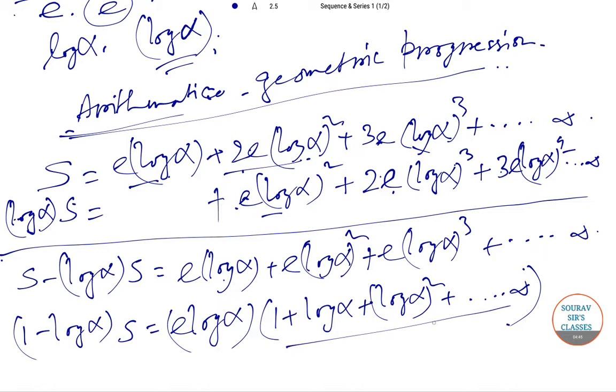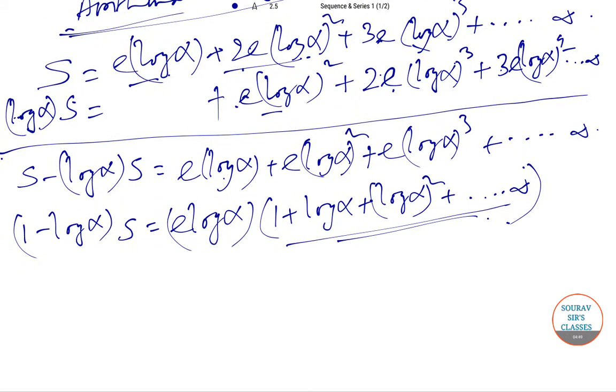Now it is an infinite GP series. We know the formula for the sum of an infinite GP series is a by 1 minus r, where a is the first term and r is the common ratio.